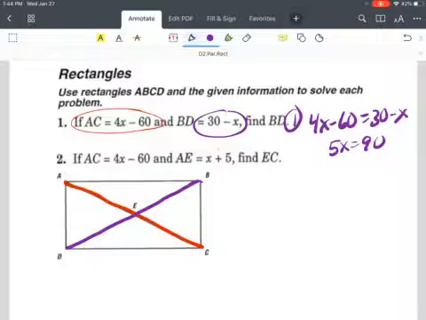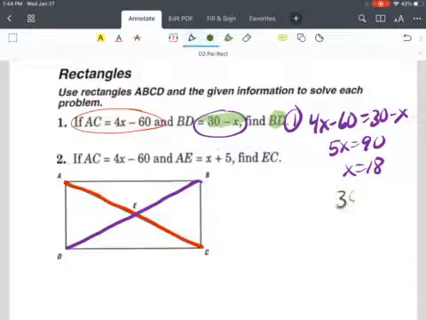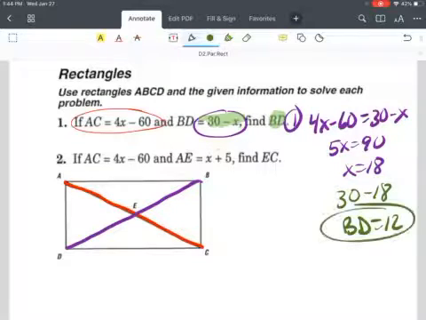Divide by 5, and I get x equals 18, but I need to make sure I answer the question of find BD, which is 30 minus x, which means BD equals 12.